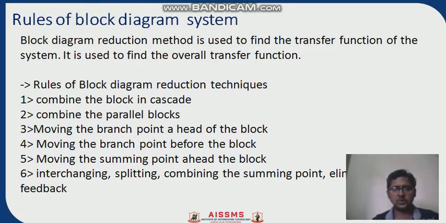Rule number one is to combine blocks in cascade. The second rule is to combine parallel blocks. The third rule is moving the branch point ahead of the block, and similarly moving the branch point before the block. Then moving the summing point ahead of the block, interchanging, splitting and combining summing points, and eliminating the feedback.